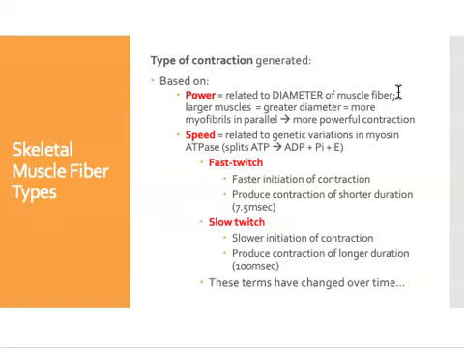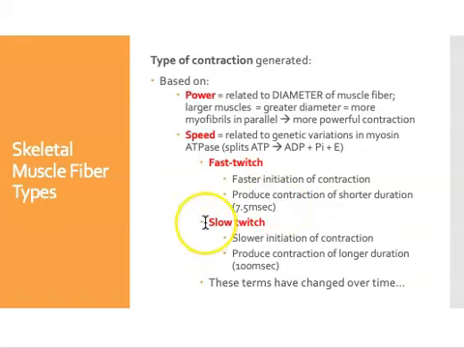In a fast twitch muscle fiber, you're going to see a faster initiation of contraction, and you're going to see a shorter duration of the contraction. And I have an actual time down here, about 7.5 milliseconds. That's how long the contraction is going to last in the fiber.